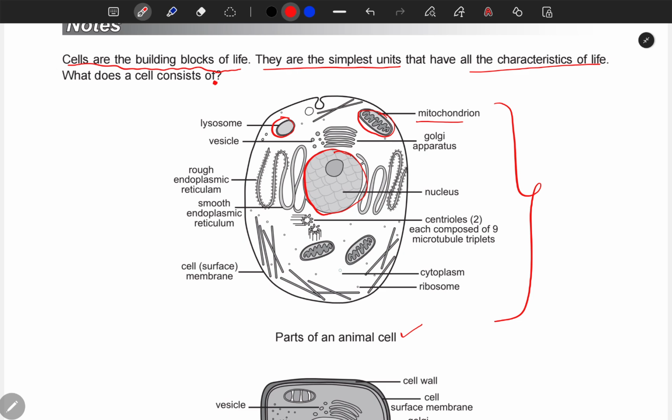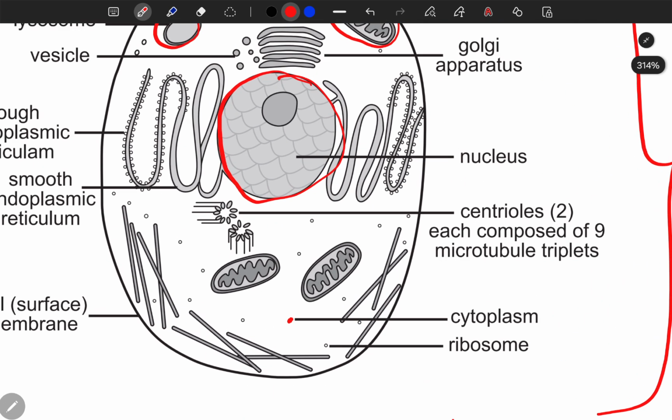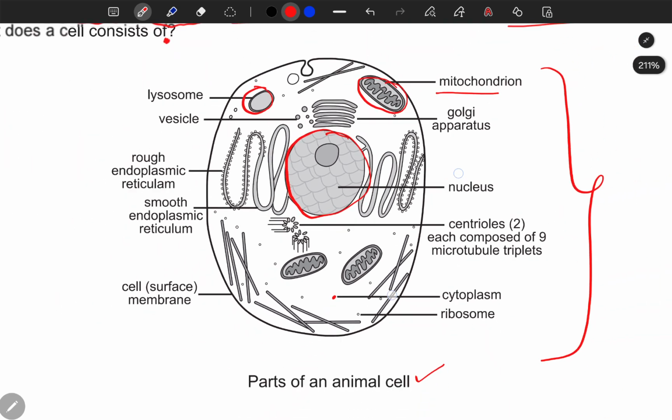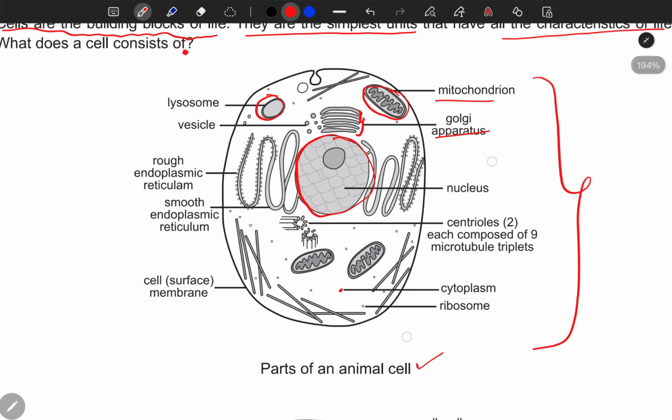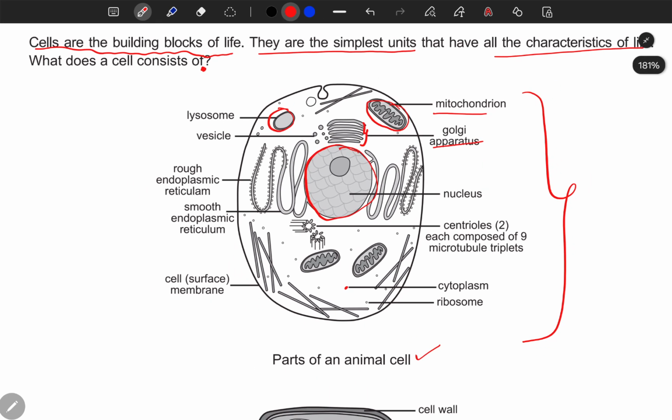You can also see the cytoplasm, the ribosomes, and the Golgi apparatus, these ones here. Now, you can see how the structure of an animal cell is. Not only should you know how to label these parts, but also know the functions of these parts.